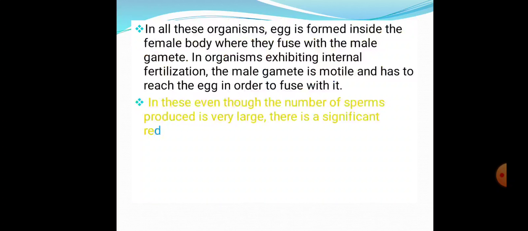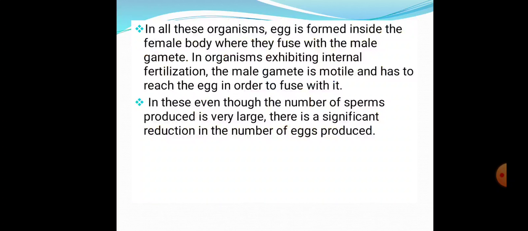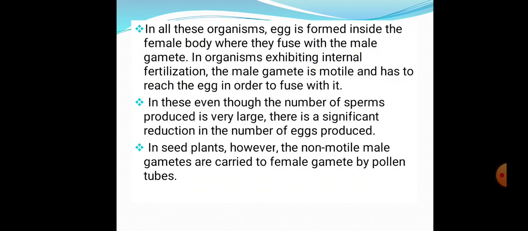In these organisms, even though the number of sperms produced is very large, there is a significant reduction in the number of eggs produced. In seed plants, however, the non-motile male gametes are carried to female gametes by the pollen tubes. So that is about the fertilization event.